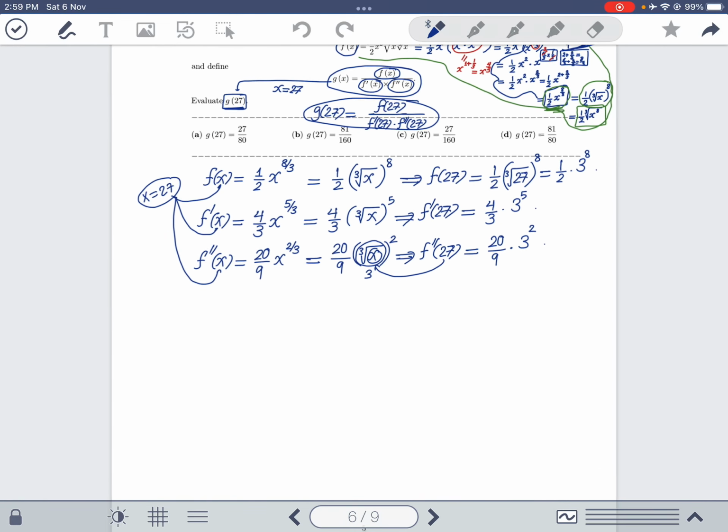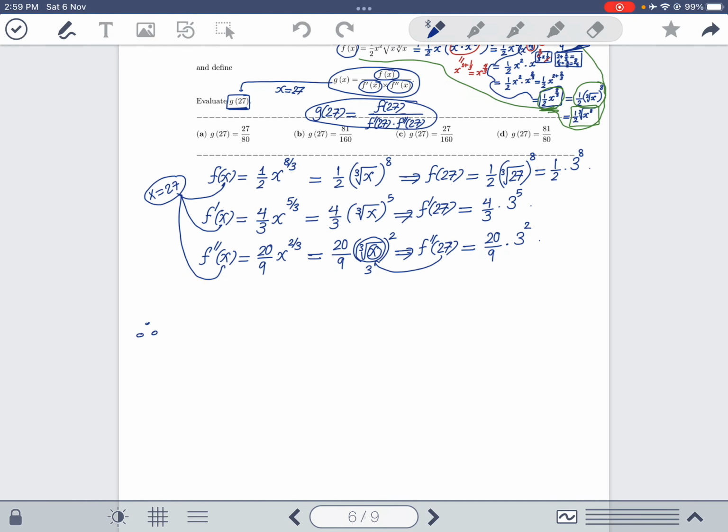Okay, so therefore, what is g of 27? G of 27, they gave us at the beginning, they said g of x is f of x over f prime of x times f double prime of x. So we just follow the formula and substitute. Remember, f of 27 is here. That is f of x, that is f of 27.